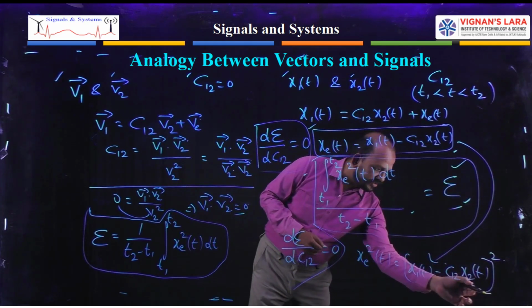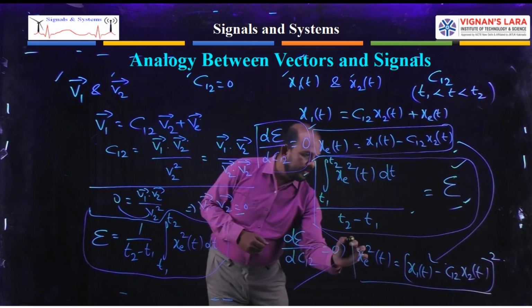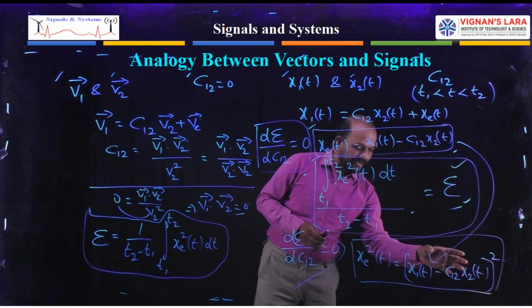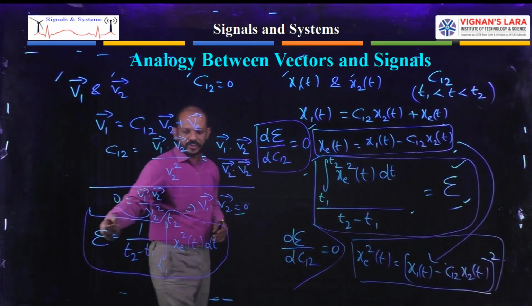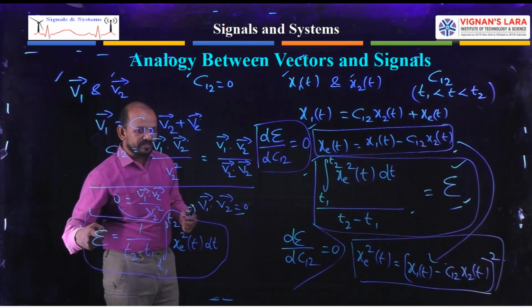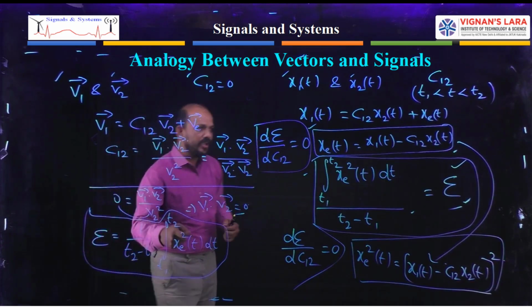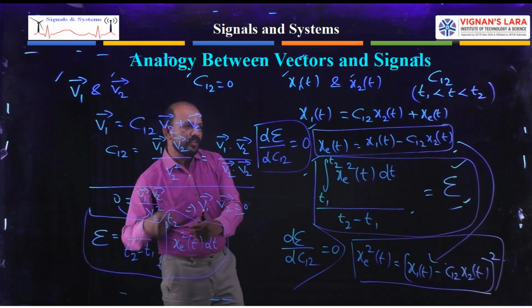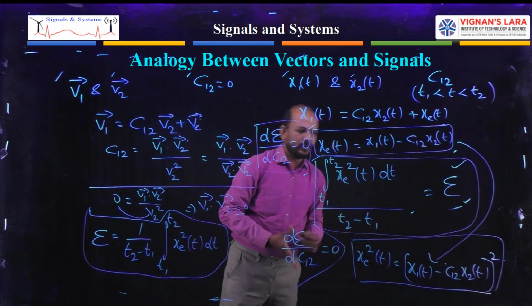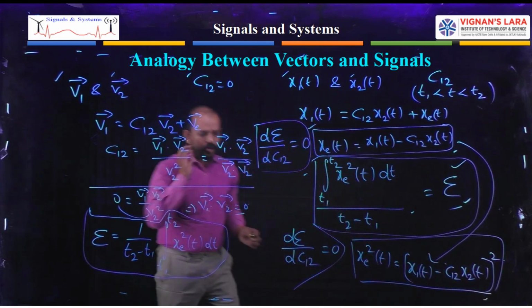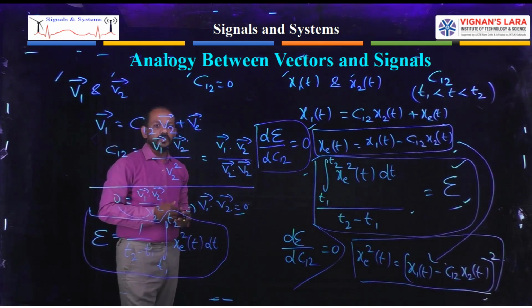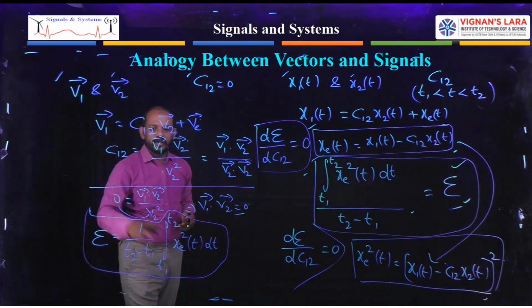This is the one we have to remember, because we have to differentiate this one. In the mean square error, we got xe square of t, and I know the value of xe of t, so I am squaring that value. Now go on with the derivation to find the value of C12.